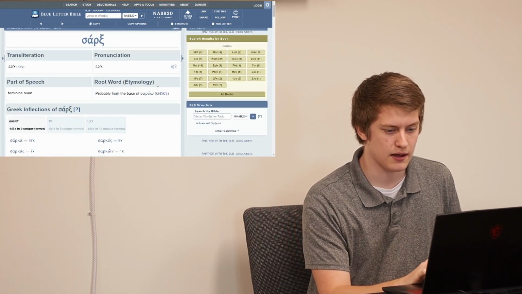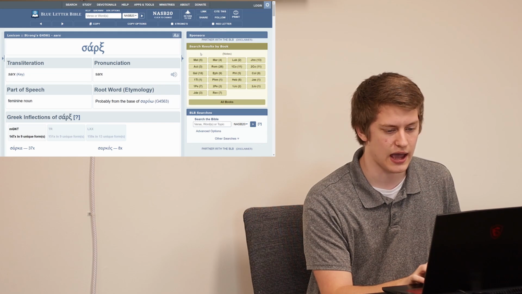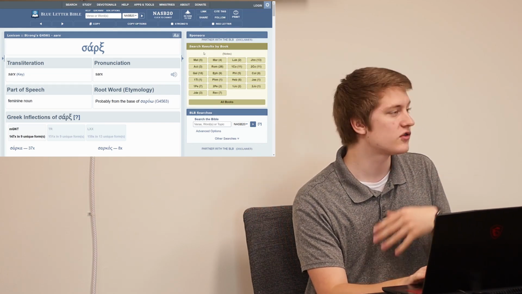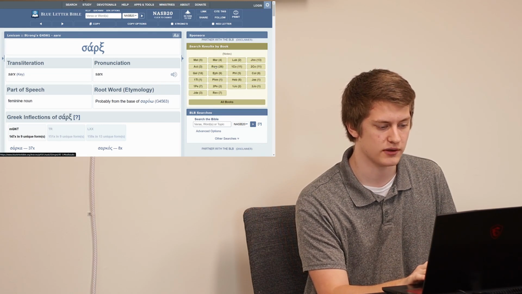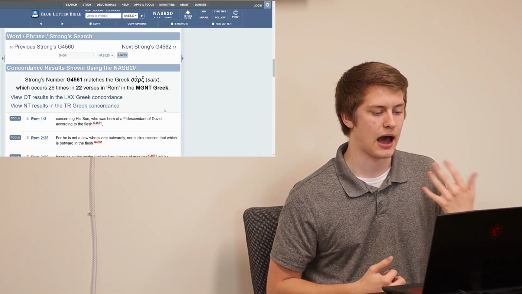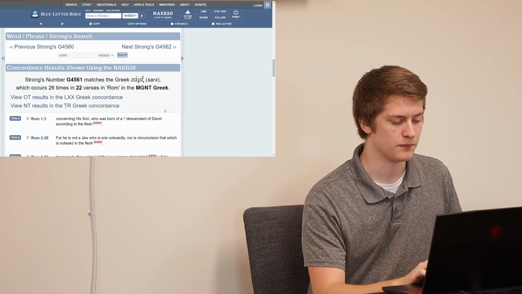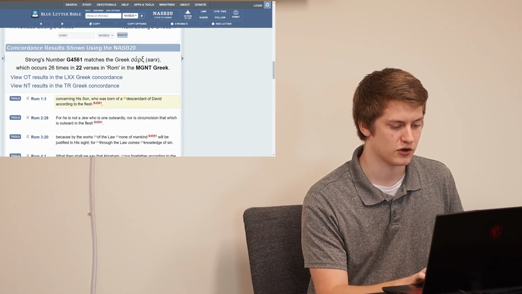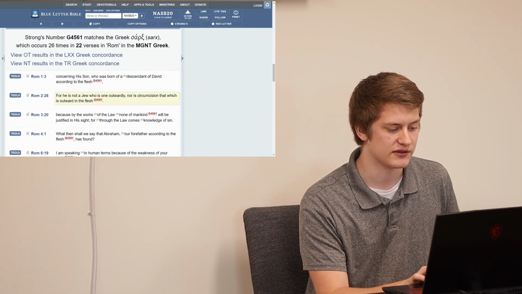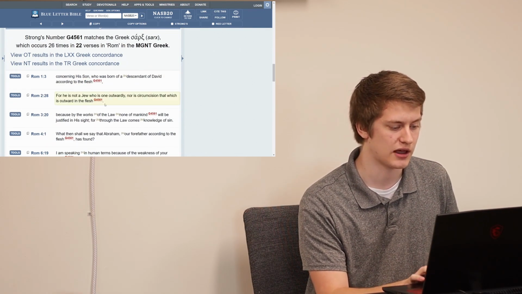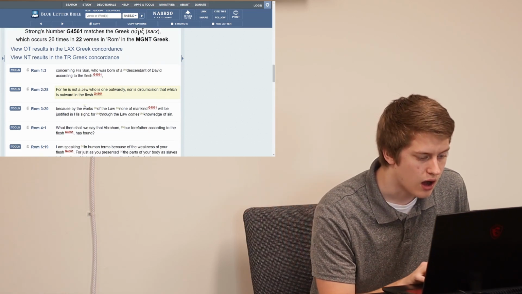If we look at places, here we can search by books about how a word gets used. If we click on Romans, we can look at how Paul uses this word. It says concerning his son who was born a descendant of David according to the flesh, for he is not a Jew who is one outwardly, nor is circumcision that which is outward in the flesh.